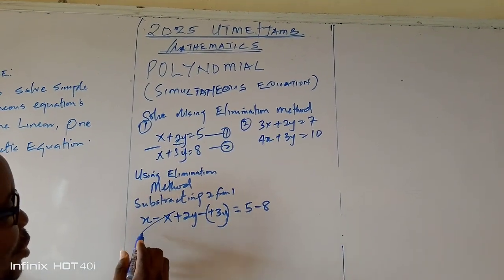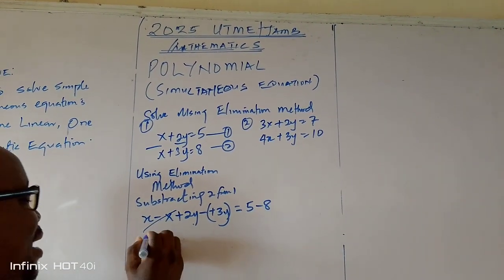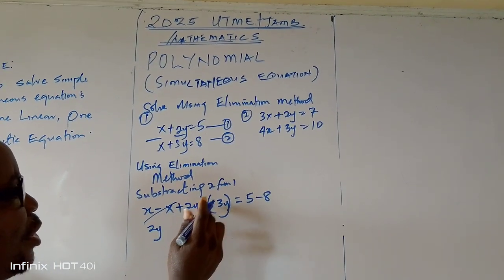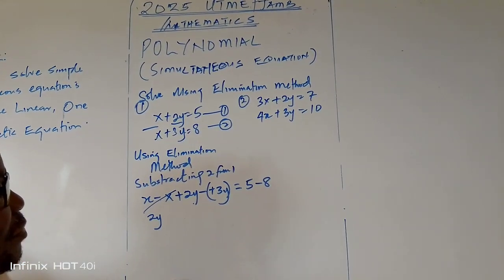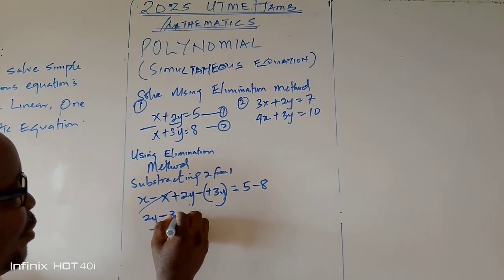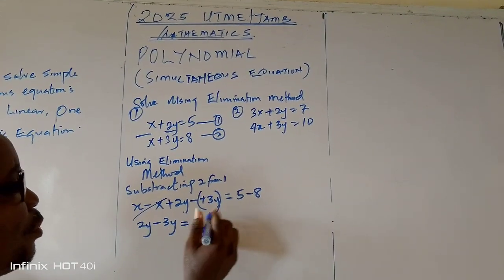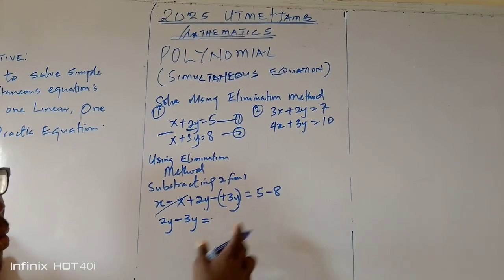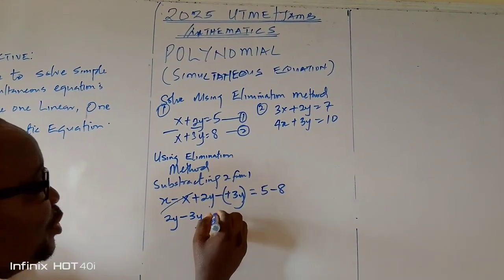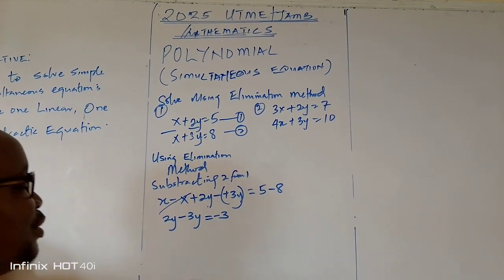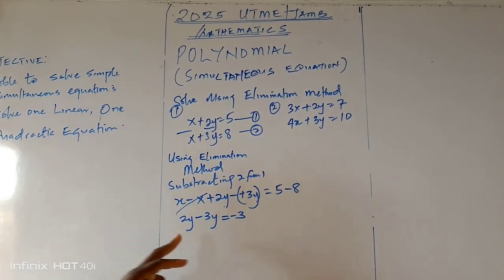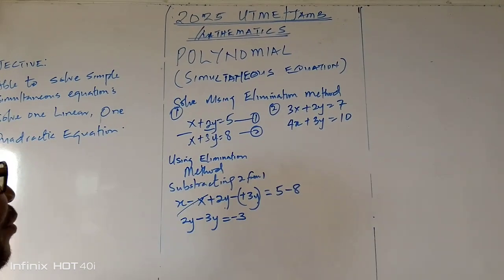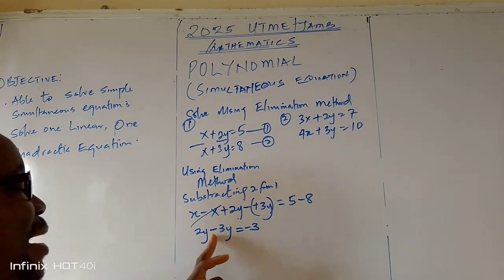x minus x is already eliminated, so I have my 2y plus times minus gives me minus 3y, equals 5 minus 8. I have 5 naira, I'm owing somebody 8 naira. When I pay the person, I'll still be owing the person 3 naira, so it's minus 3. Now I have 2y minus 3y.